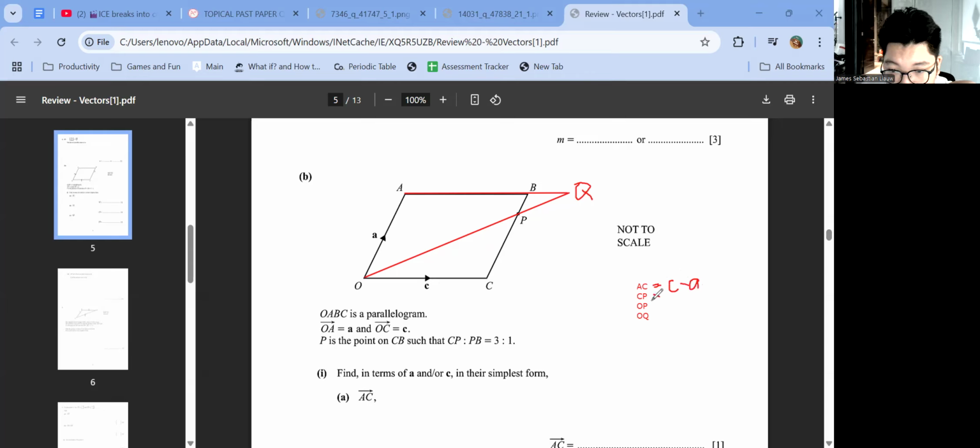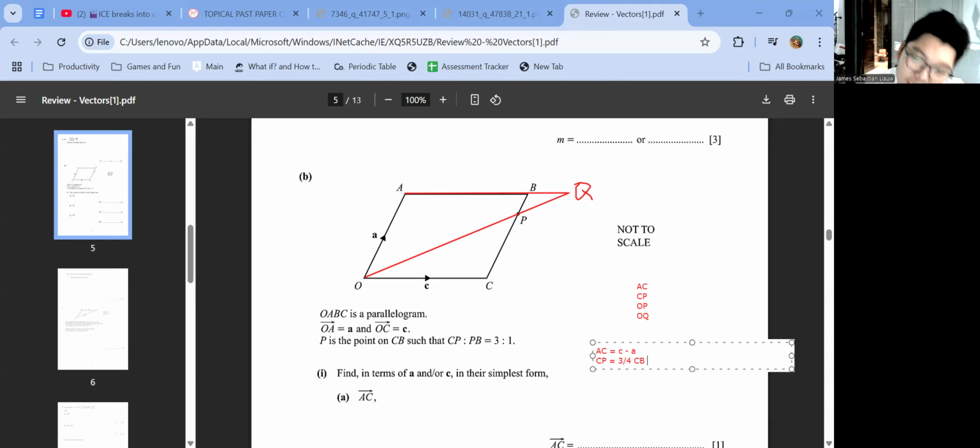What is CP? CP is just 3/4 of CB, right?